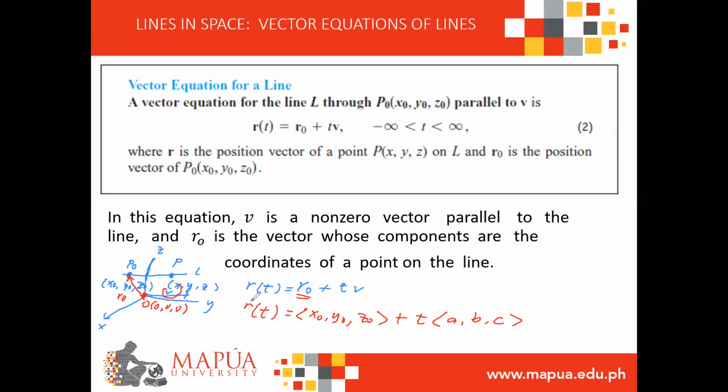Therefore, this is now the vector equation of your line L. It is equal to r sub 0 plus tv, or we can also express it as r of t equals x sub 0, y sub 0, z sub 0 plus t times the vector v as a, b, c.